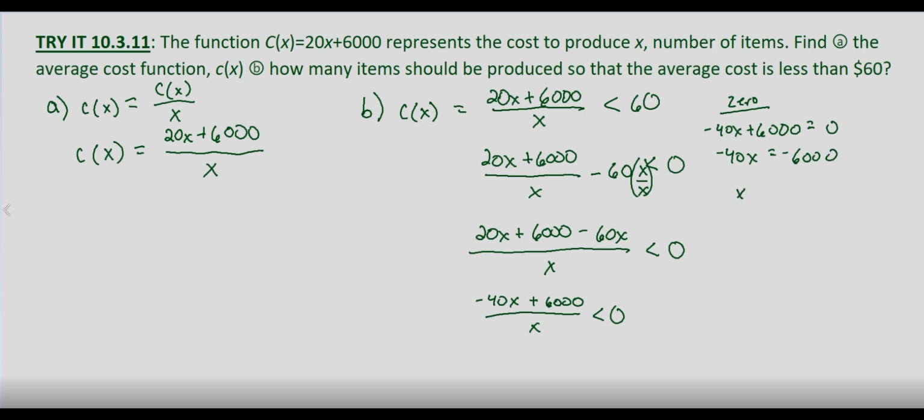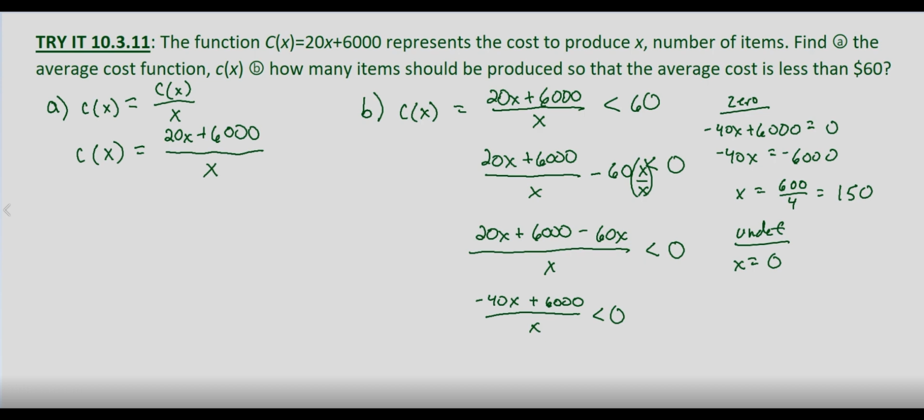Divide both sides by negative 40. We get x equals, well, if we cancel the zeros and the negatives, that's going to be 600 over 4, which equals 300 over 2, which equals 150. So that's our first critical point. And then it's undefined when x equals 0. So there are our critical points.